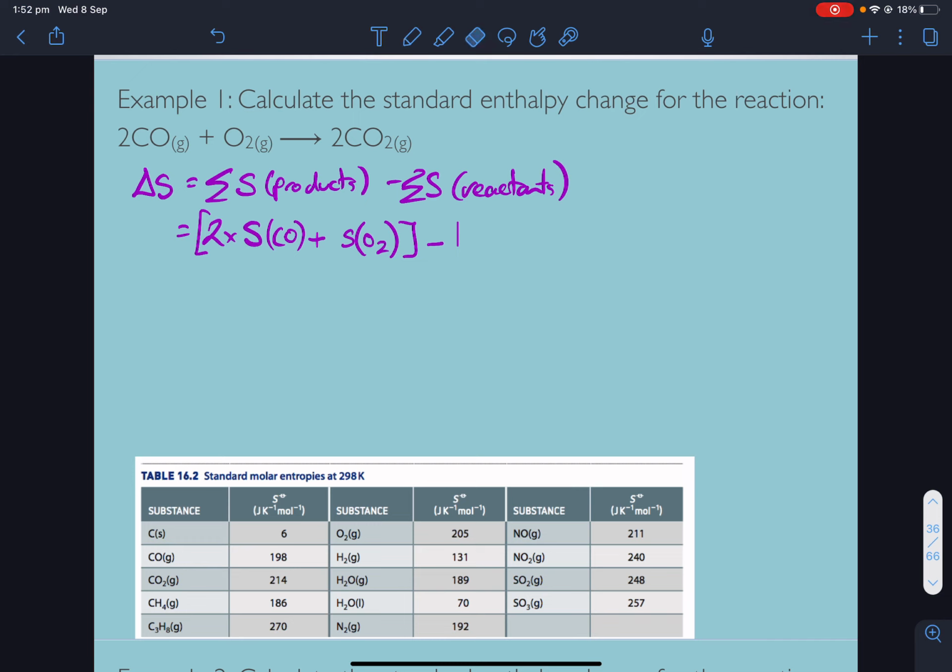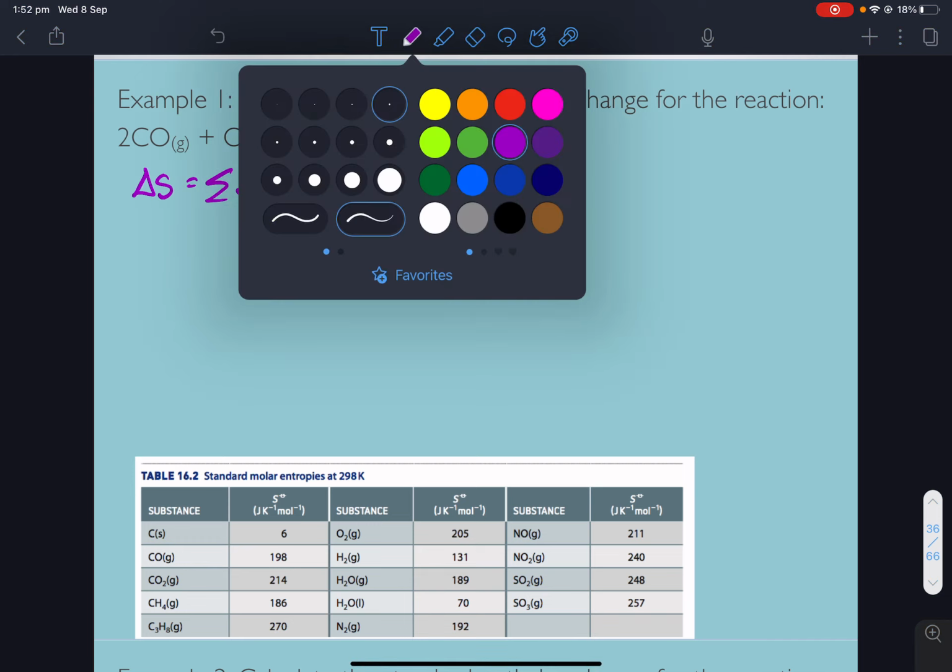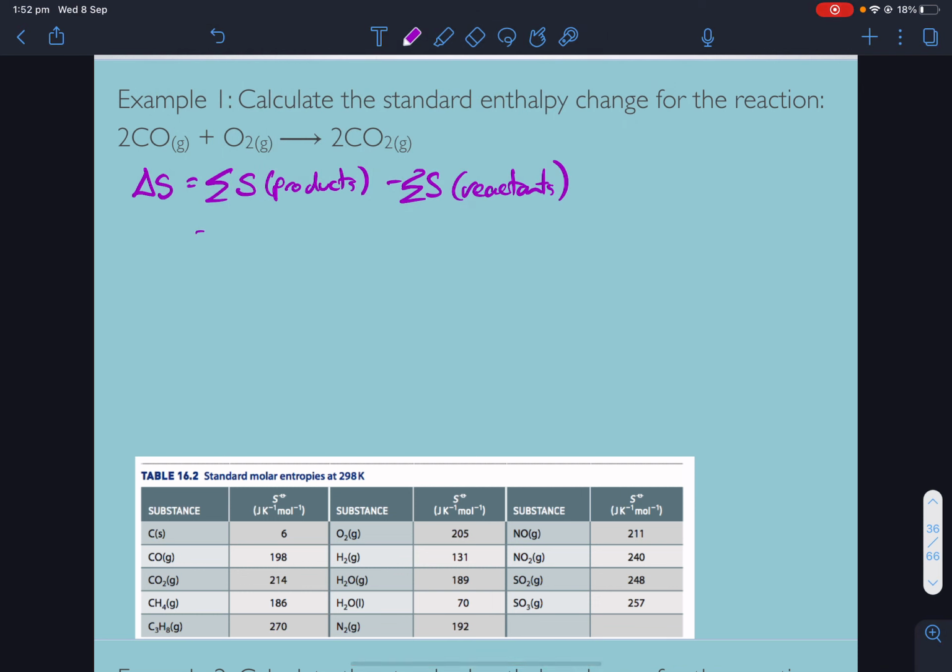Look at me making the silliest mistake ever. You've probably been screaming at me. I did the reactants first. What a numbskull. Okay, 2 times the entropy of carbon dioxide. That's our products. Oh, I don't even know my products from my reactants. Okay, minus 2 times the entropy for carbon monoxide plus 1 times the entropy of O2.